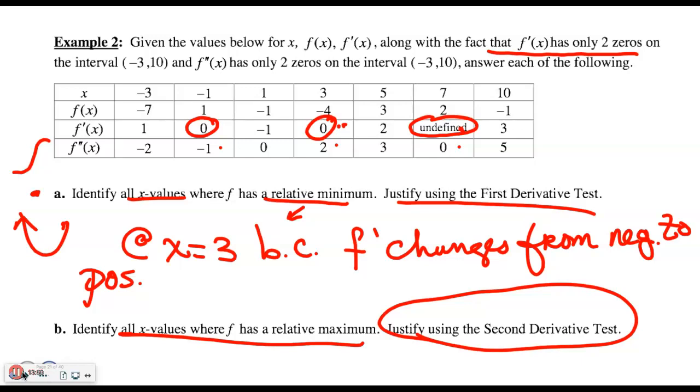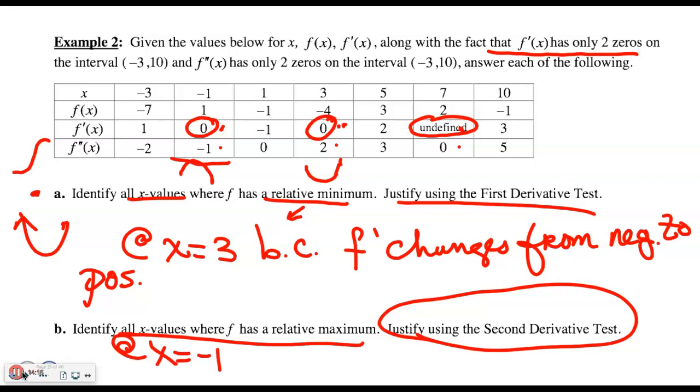This is concave up like a cup. So that's the location of a minimum. This is concave down like a frown where there's a horizontal tangent line, right? So where's my max? At x equals -1, but you don't say because f prime changes from positive to negative.